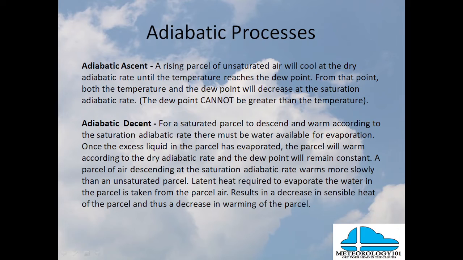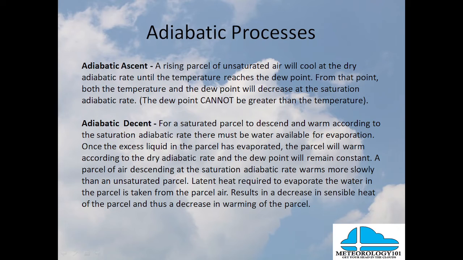A parcel of air descending at the saturation adiabatic rate warms more slowly than the unsaturated air. Latent heat required to evaporate the water in a parcel is taken from the parcel air. So it absorbs that heat. Now the atmosphere around it is actually cooling.